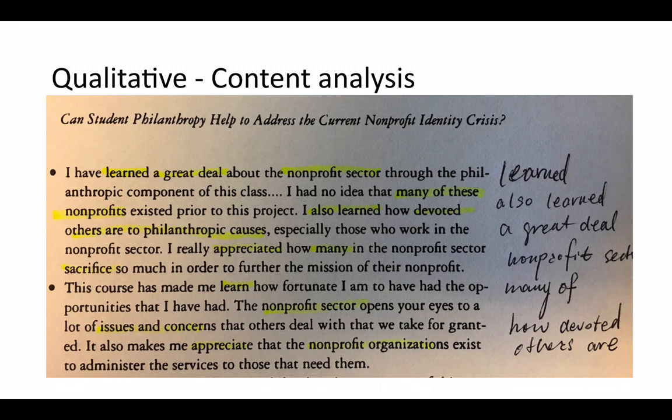So the first thing is I highlight, I keep my research question in my mind. So whether or not they learned, what kind of things they learned. All right. So I highlighted, for instance, learned a great deal, nonprofit sector, many nonprofits, also learned philanthropic causes, appreciate many, learn nonprofit issues, concerns, appreciate nonprofit organization, etc.